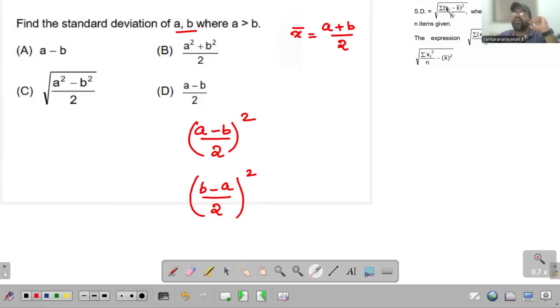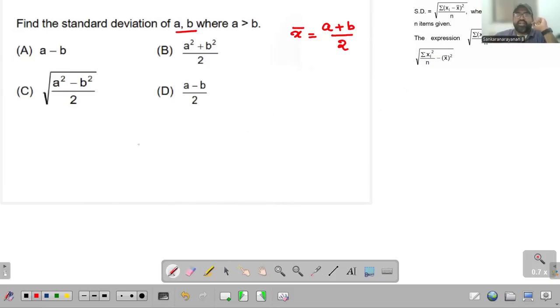Now what is the next step? Take the arithmetic mean of these two values. It will look like (A minus B) the whole square by 4 plus (B minus A) the whole square by 4. (B minus A) the whole square is as good as (A minus B) the whole square.